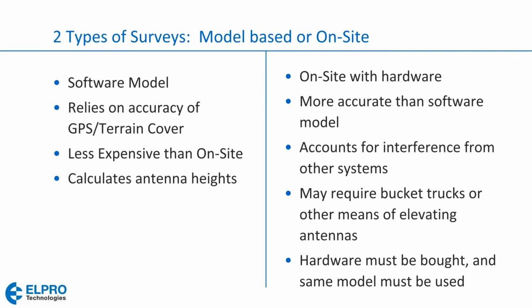Then you would enter them into a Pathloss software program. The Pathloss software program then downloads the terrain data from the U.S. Geological Survey website. It also downloads land cover files that show what areas have trees, what areas have buildings, and different types of land cover.